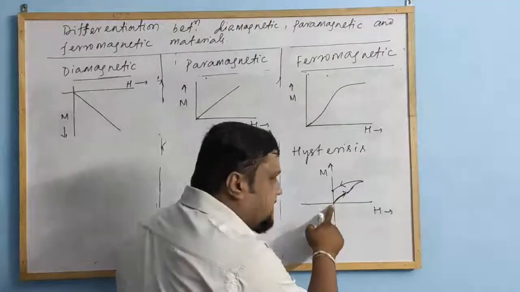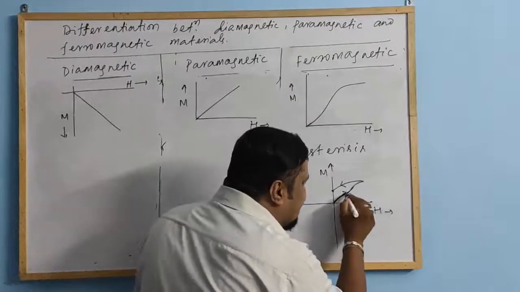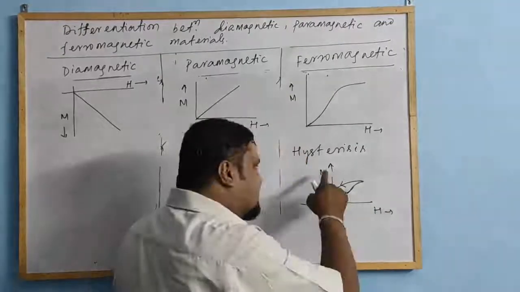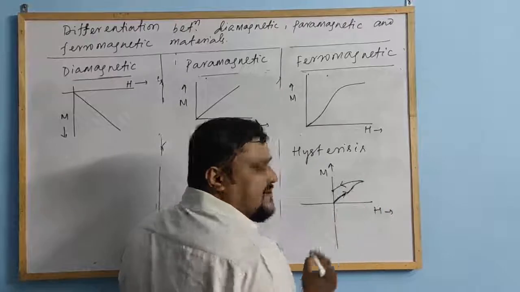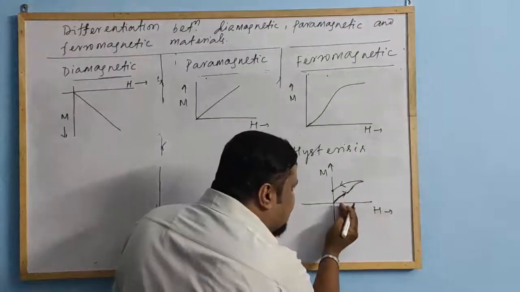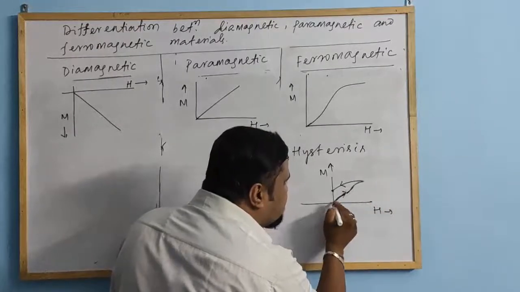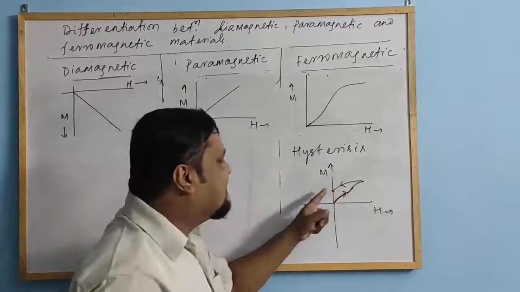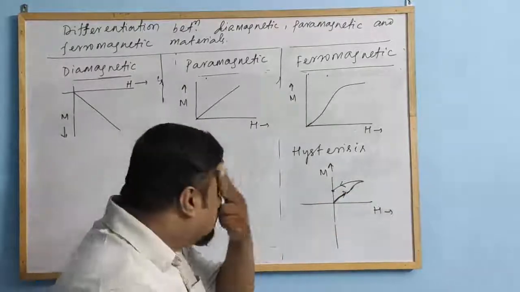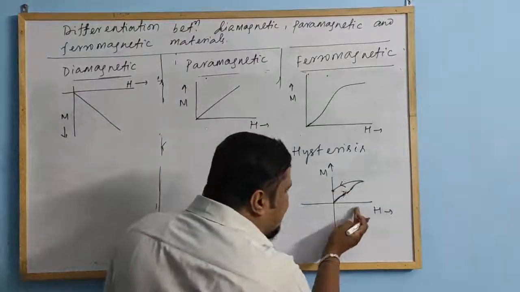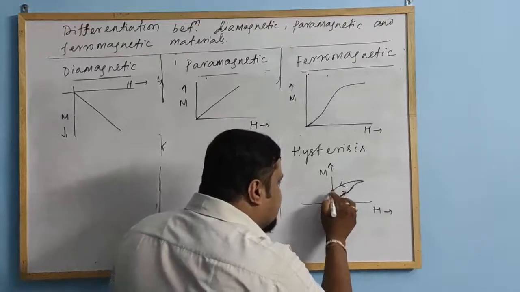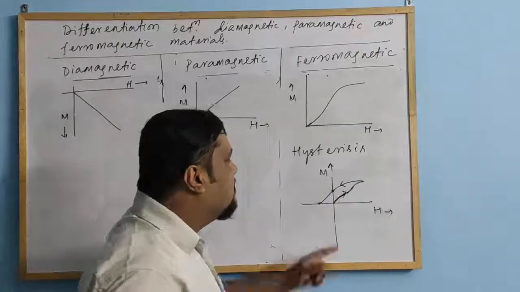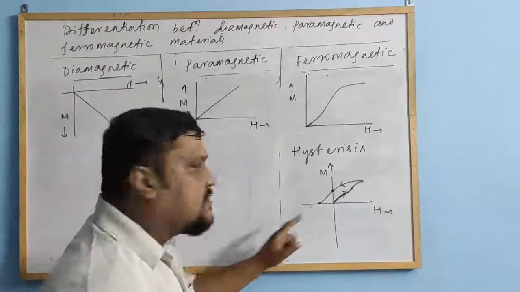There is no magnetization. But once H increases, it gets finite magnetization, then comes to saturation. Then if you decrease the magnetic field to 0, it retains magnetization. In the same way, if you apply the opposite magnetic field, it decreases and the magnetization comes to 0.